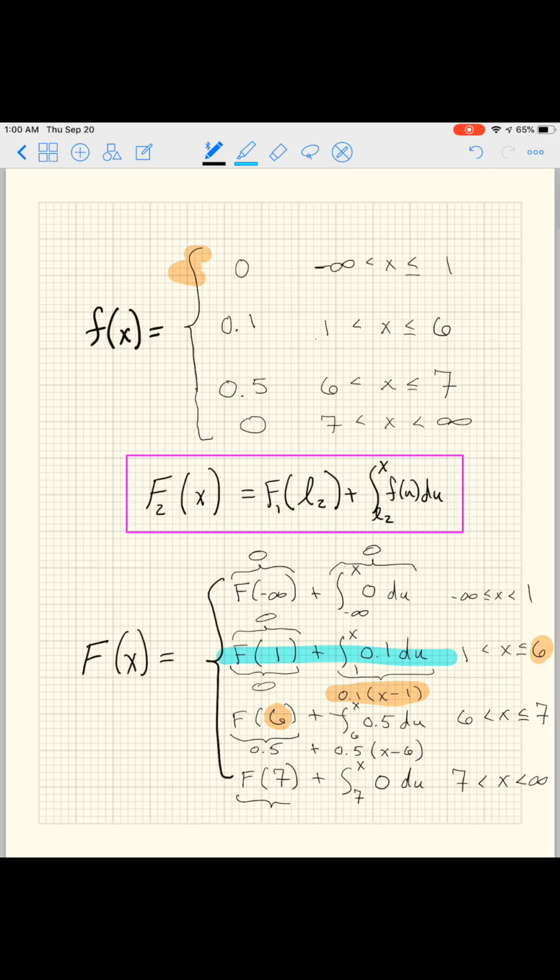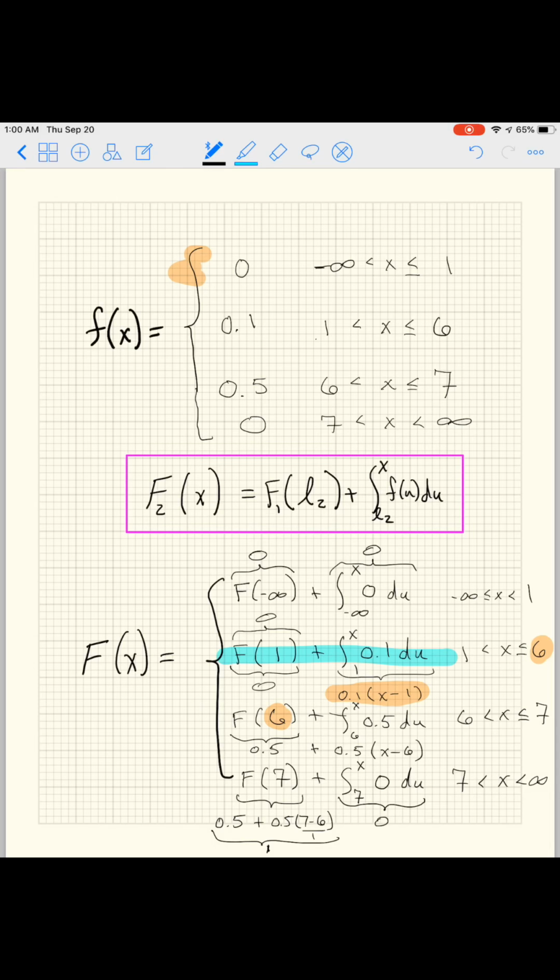And f of 7, if we look, has to be 0.5 plus 0.5 times 7 minus 6, and this is just equal to 1, so that means this whole thing is equal to 1. 0.5 plus 0.5, and then this portion is clearly equal to 0, so that whole bottom row is equal to 1 as we expected.